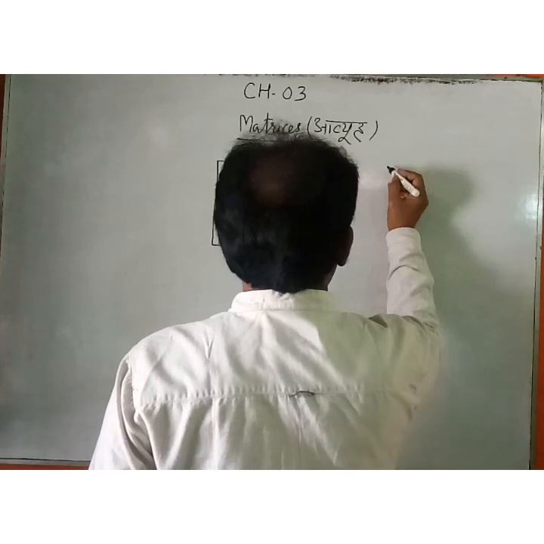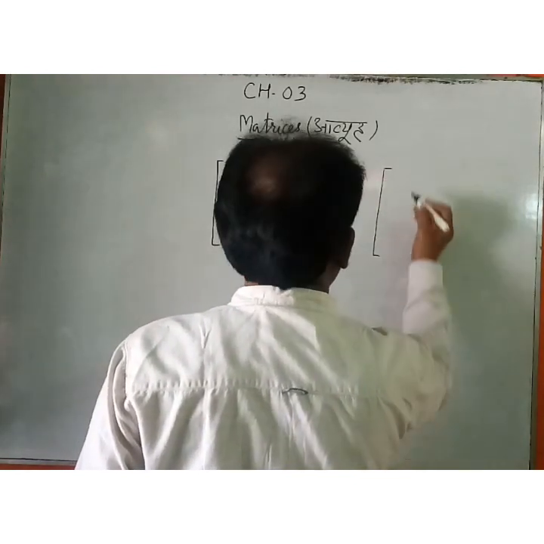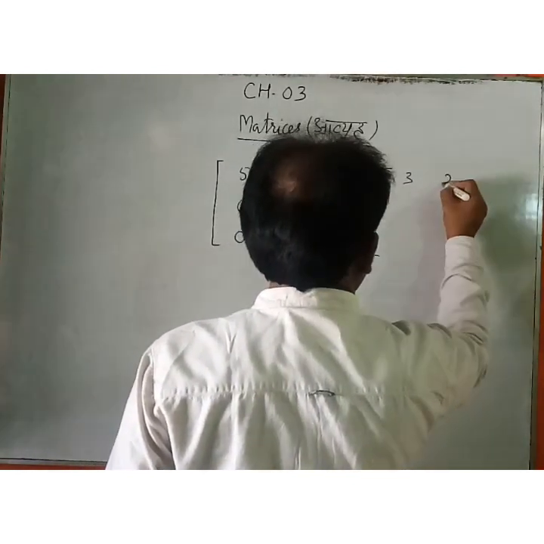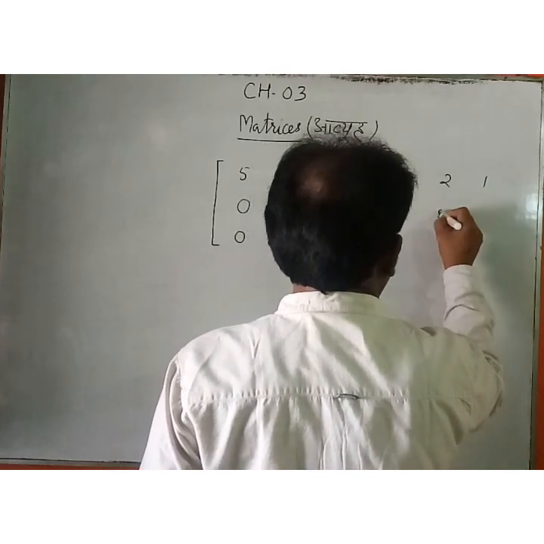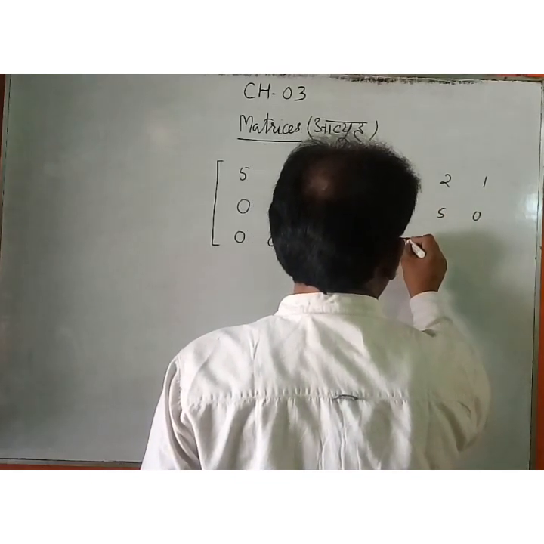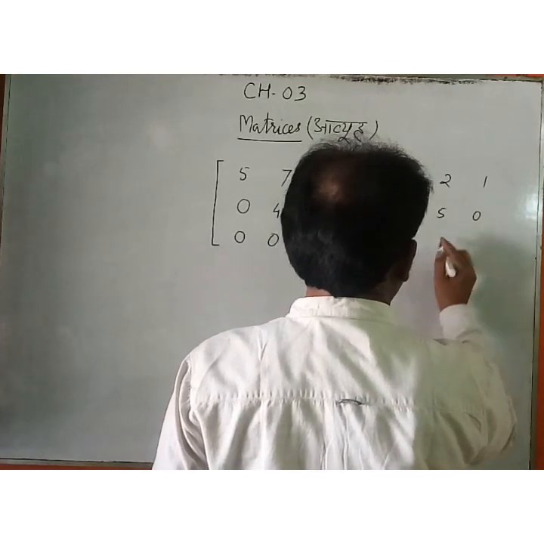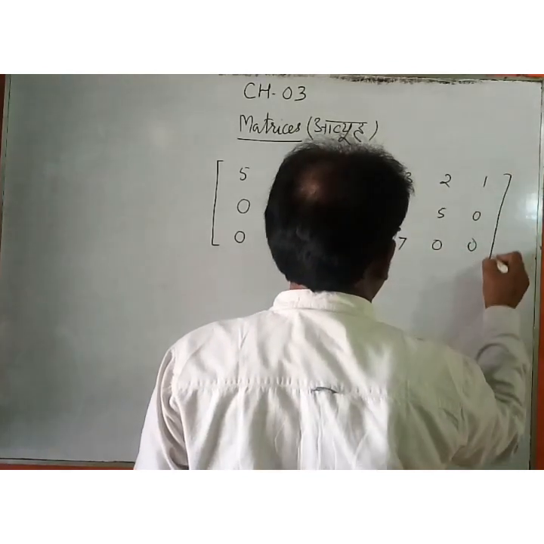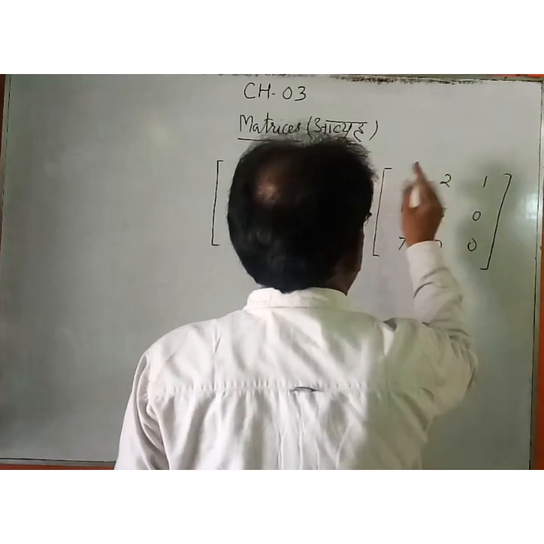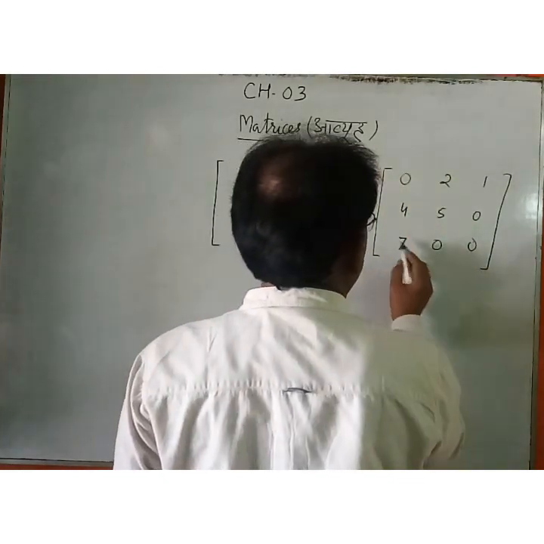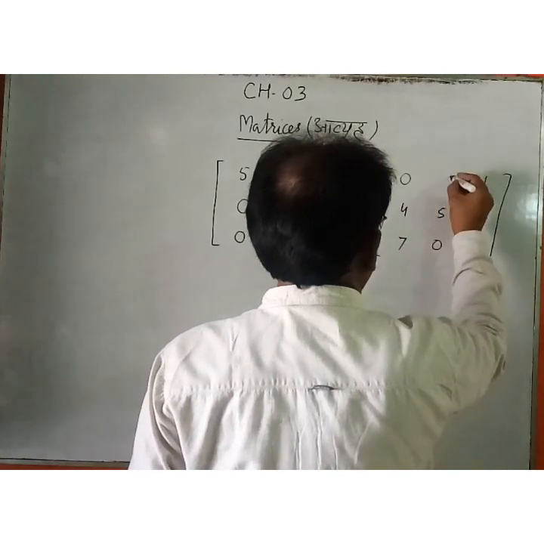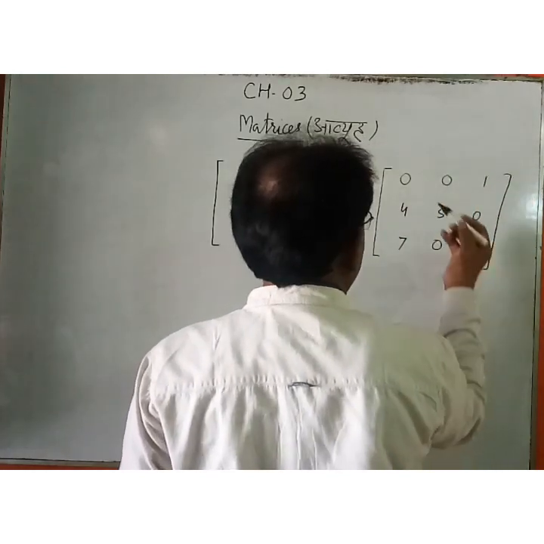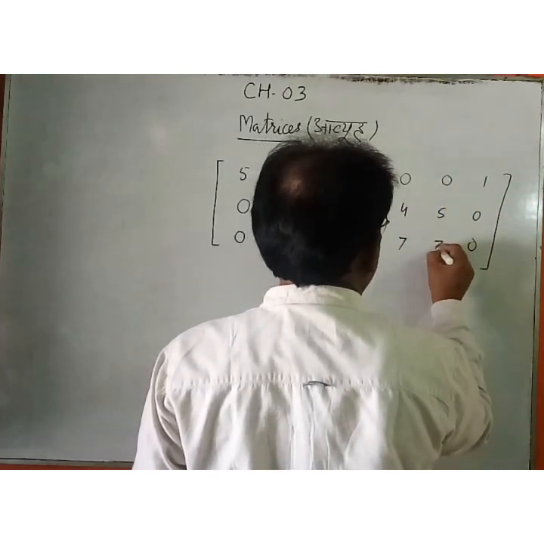And another matrix, let us see: 3 0 0, 2 1 0, 4 5 1.